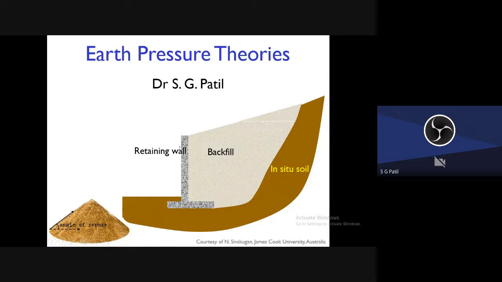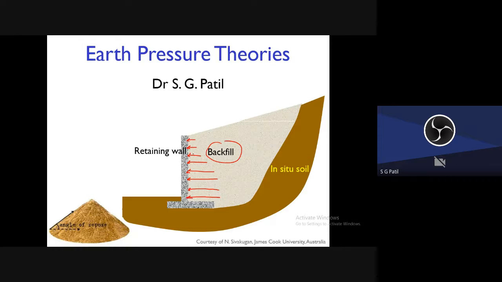To design these retaining walls, we need to know how much pressure the soil is exerting on the retaining wall. First and foremost, due to this backfill, what is the pressure applied on this wall? Why am I drawing these gradually increasing arrow marks here?